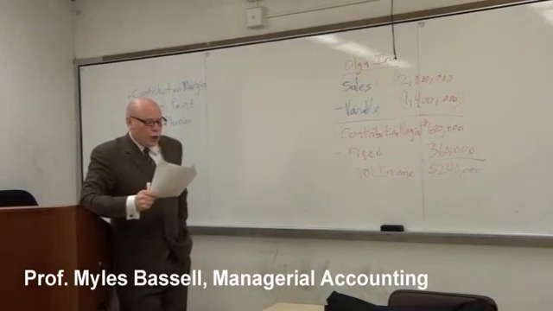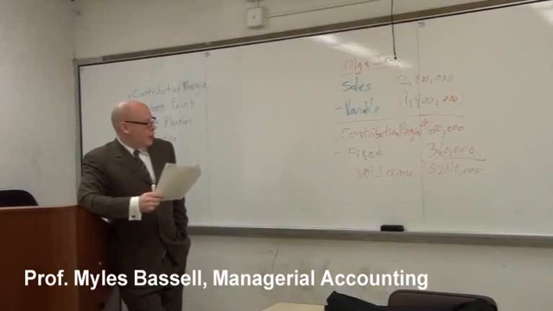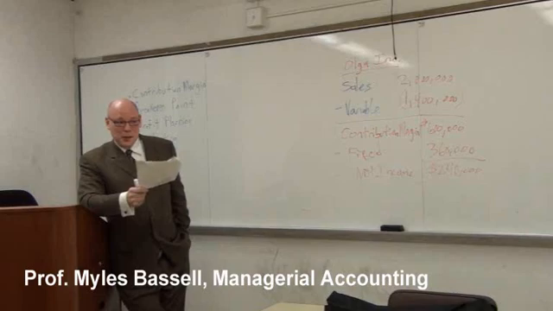All right, so we're going to look at a number of different calculations here. The first question for Olga's company is, we know that 40,000 units were produced and sold last month. That simplifies things a little bit, right?